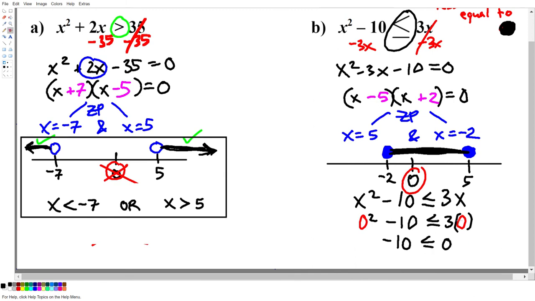Really think about this because it's super easy to make mistakes with negative numbers. Negative 10 is less than or equal to 0. Negative 10 is less than 0. True. That means we are right.